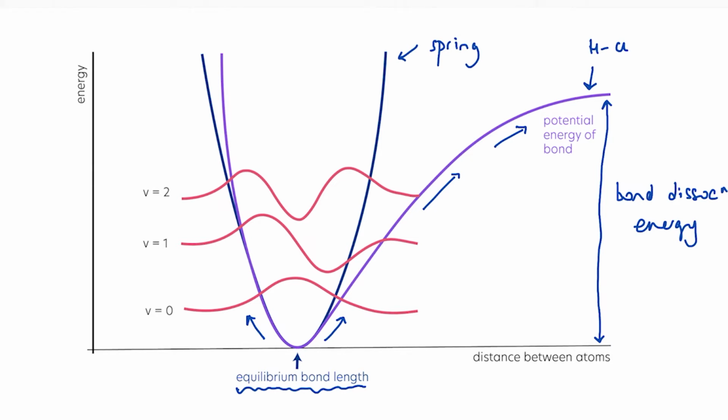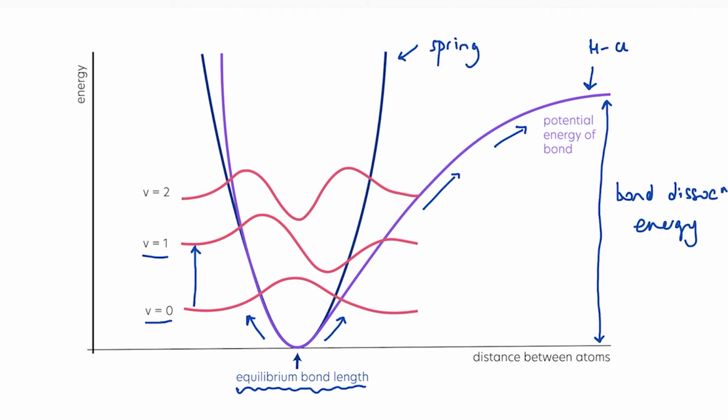The other thing we'll notice is that our vibrational energy levels in molecules are quantized, and they're not evenly spaced. So if I want to move from vibrational energy level 0 to vibrational energy level 1, which means I'm making my bond vibrate more strongly, we can see that with the waves on the diagram, it's going to require a specific frequency of infrared radiation to be absorbed.